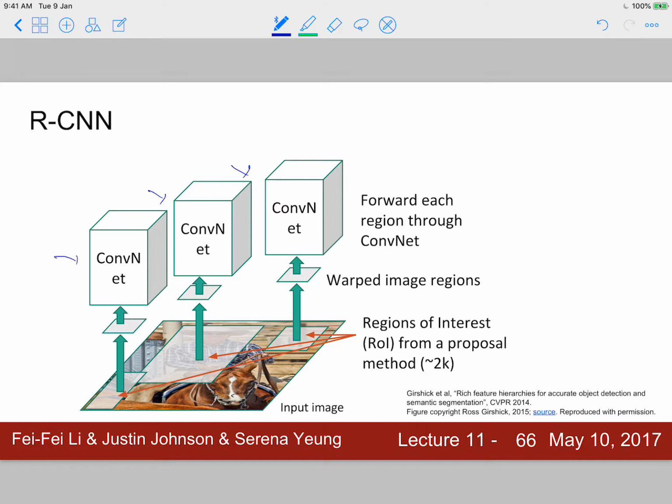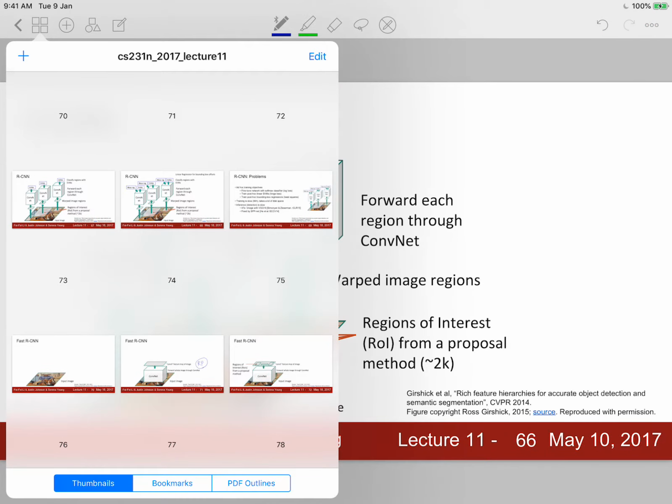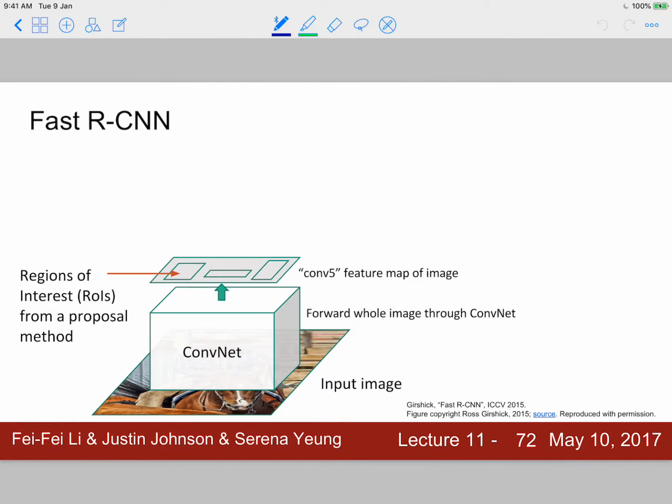In the case of Fast RCNN, we still apply this region proposal method with no changes compared to the RCNN. So these proposed regions, or ROIs, are obtained by applying the region proposal method on the original image, right?